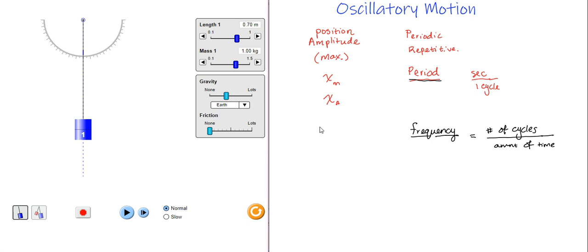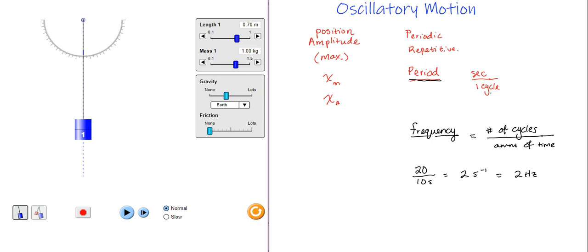So for instance, if this little pendulum bob had 20 complete cycles and that took 10 seconds to occur, that would say that the frequency is 2 seconds to the negative first, because the second is down here, which is referred to as a hertz, Hz. So 2 hertz, and if I think of that, that's telling me that it does 2 cycles every second.